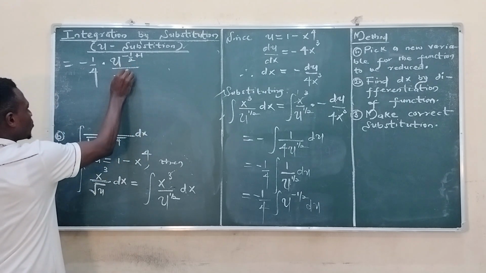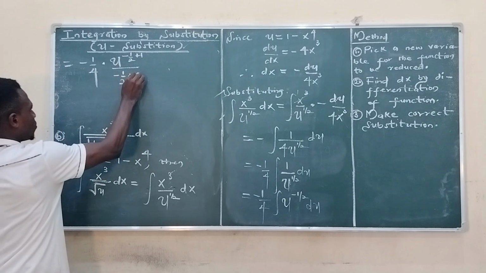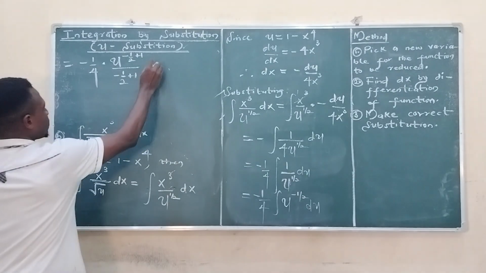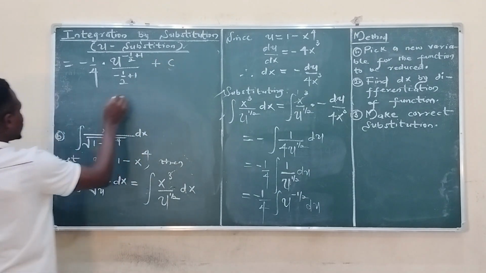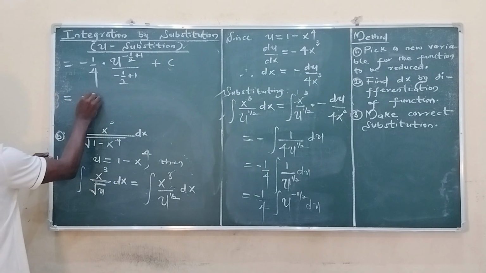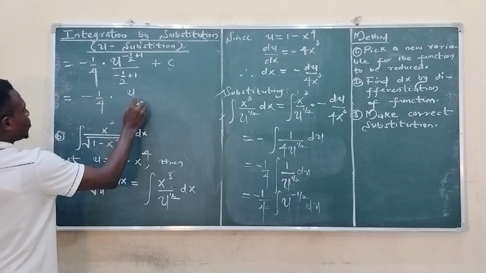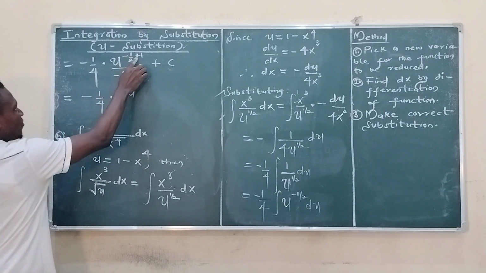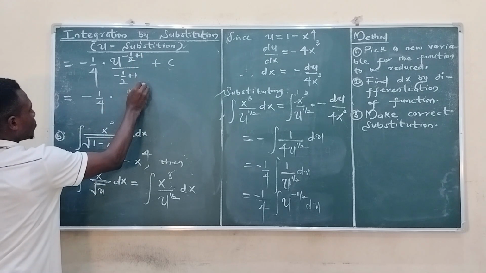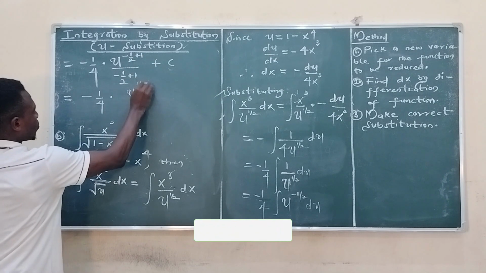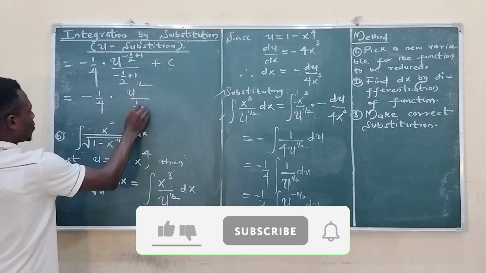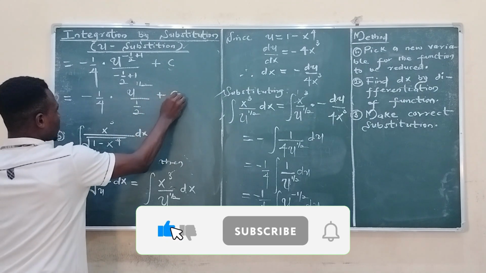The new power is minus 1 all over 2 plus 1. Then with a constant of integration, plus c. So that this is going to be given by minus 1 all over 4 times u raised to the power of minus half plus 1, that is going to give us 1 all over 2, all over 1 all over 2, plus c.